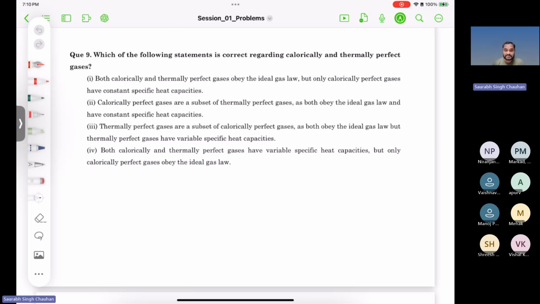It says, which of the following statements is correct regarding calorically and thermally perfect gases? This has been discussed in the lecture. The perfect gas or ideal gas is one which follows the ideal gas equation, right?